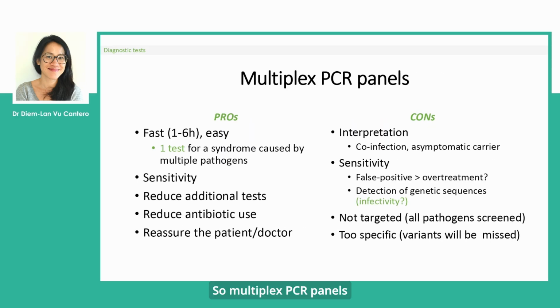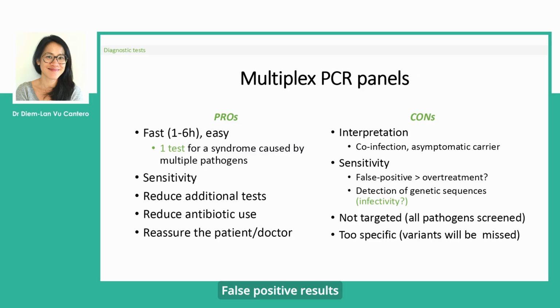So multiplex PCR panels are fast, easy to perform, very sensitive, can reduce additional tests and antibiotic use, and reassure the patient and the doctor. But the interpretation should be prudent, especially in case of co-infection or asymptomatic carrier.